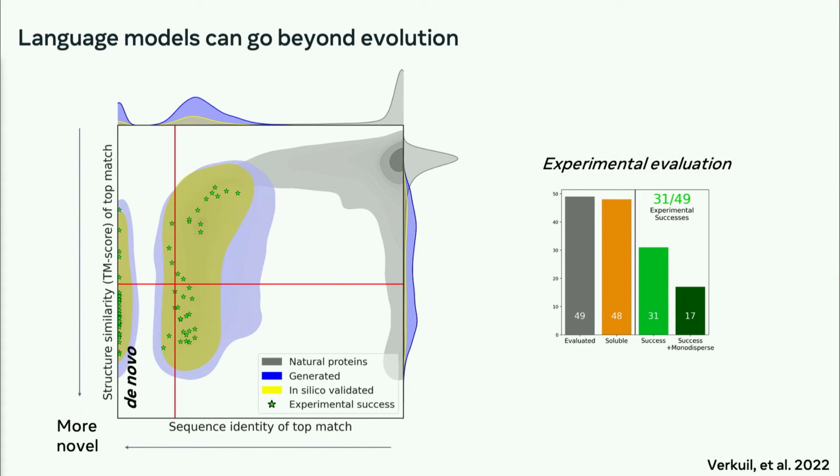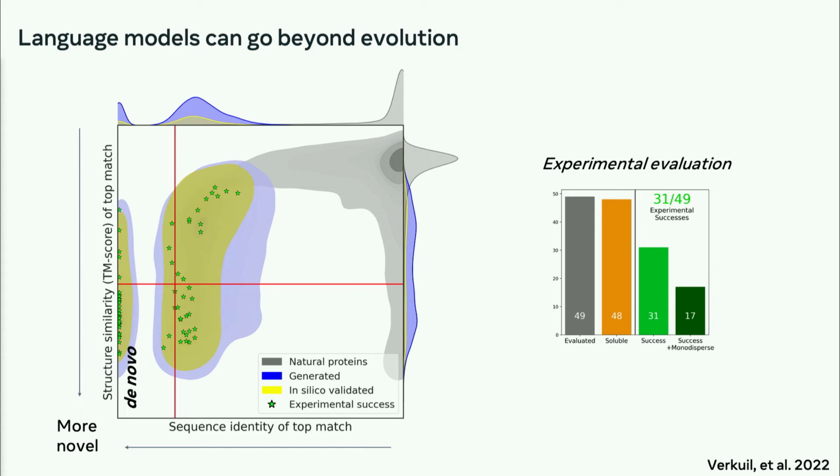On the x-axis, basically, we searched each generated protein against all of the training data and natural proteins. And so anything that was less than 20% sequence identity is left of that red bar. And then we also predicted the structure for the nearest match in the natural protein space. And that's depicted on the y-axis.